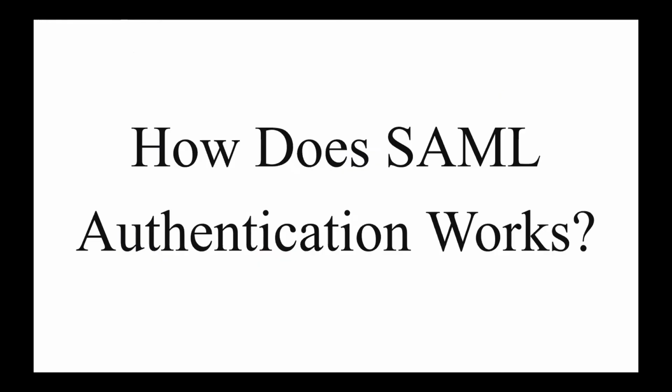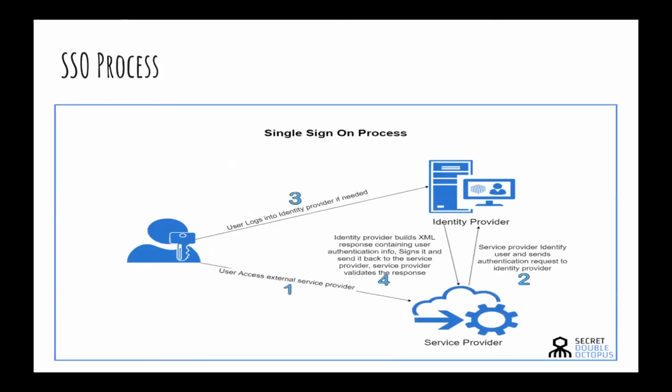Basically, how does this SAML authentication work? Here we can represent it with these three parties: one user, one service provider, and the identity provider. Let's say the user tries to access our app, the service provider, and from our app tries to access the ClickUp app.